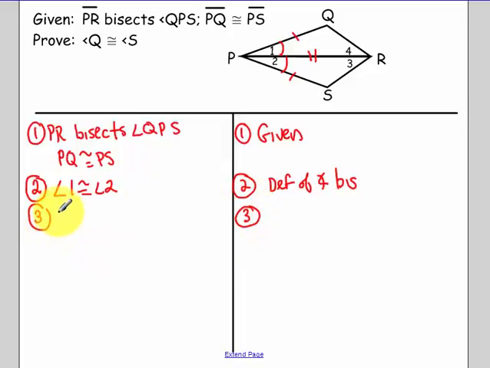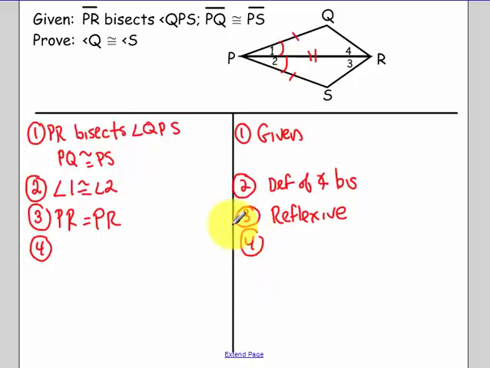Then we can say PR is equal to PR by reflexive. Now my triangles are congruent by side angle side.